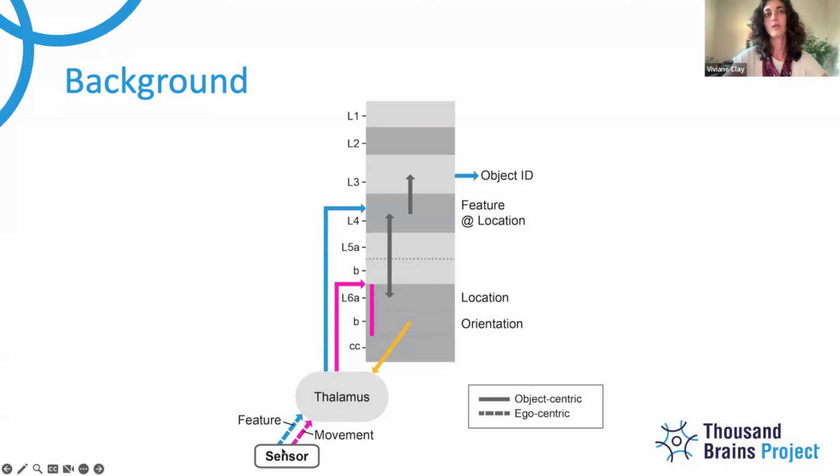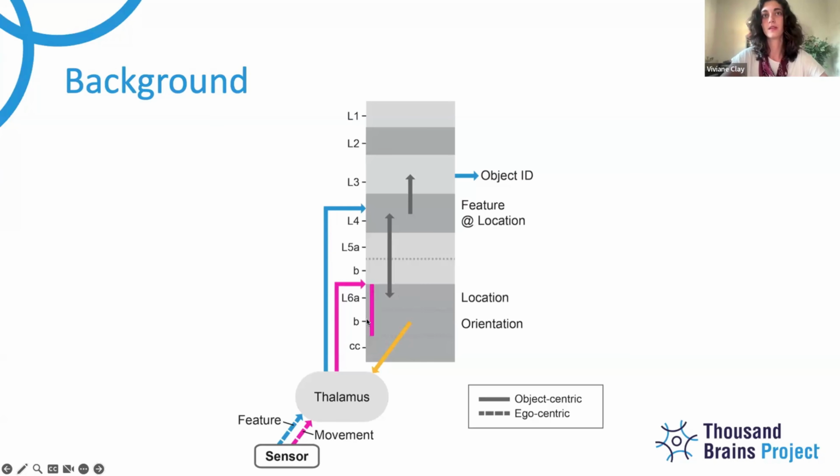So basically, the sensor sends feature information and movement information to the thalamus, and the thalamus then relays this information to the neocortex, to the cortical column. The proposal is that feature information gets sent up to layer 4, the classical input layer, and then the second kind of location of input to neocortex is this border of layer 5 and layer 6.